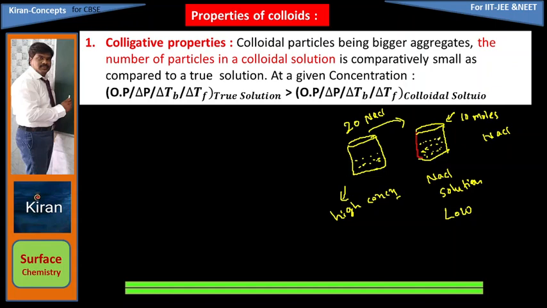It means the concentration of a solution depends upon the number of particles. Here 10 moles, here 20 moles. The property which depends on only the number of particles. Here the concentration is depending upon the number of particles. More particles, more moles dissolved, the colligative property is more and the concentration is more.